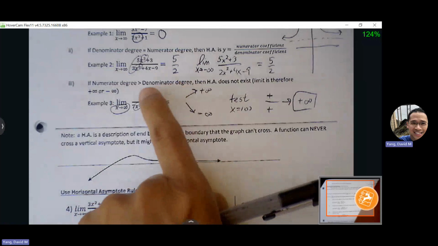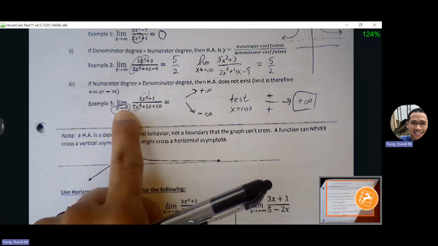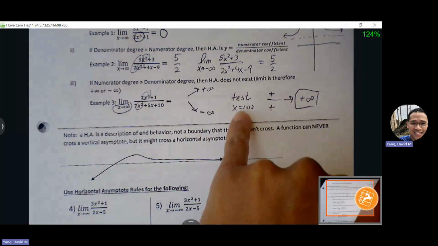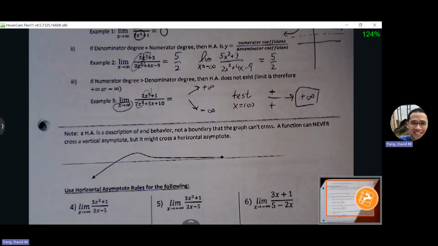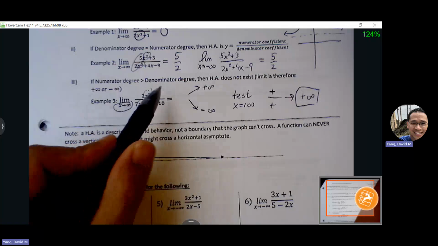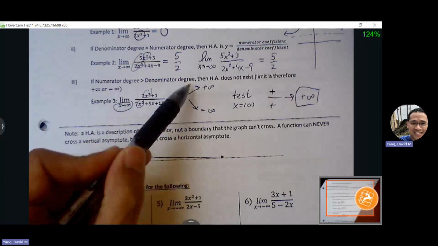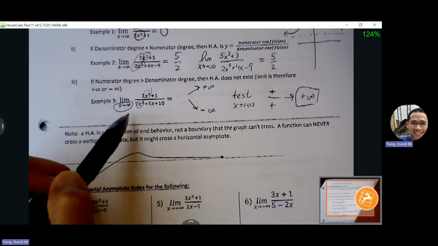Now, if my numerator is a higher degree than my denominator, then my sign does matter. If I approach positive or negative infinity, that's going to influence the number I test. Because if I'm approaching negative infinity, that means I'm following the graph to the left. If I'm following the graph to the left, I need to know where it's headed. We know it's going to be one of the infinities, but you're not going to know for sure unless you actually test it.